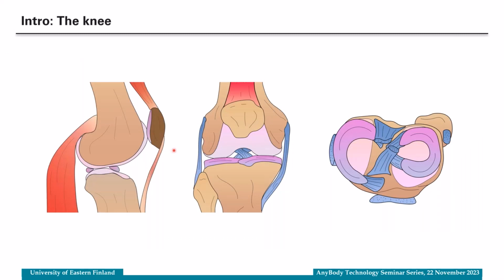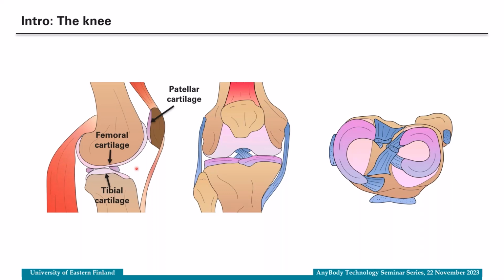Let's start with looking at the knee, because the focus of the talk now would be the knee joint. So the knee is composed of two joints, the tibiofemoral and patellofemoral joints. We have the bones, namely femur, tibia, and patella, whose ends in the joints are covered by articular cartilage, which provides a fascinating, almost frictionless contact.